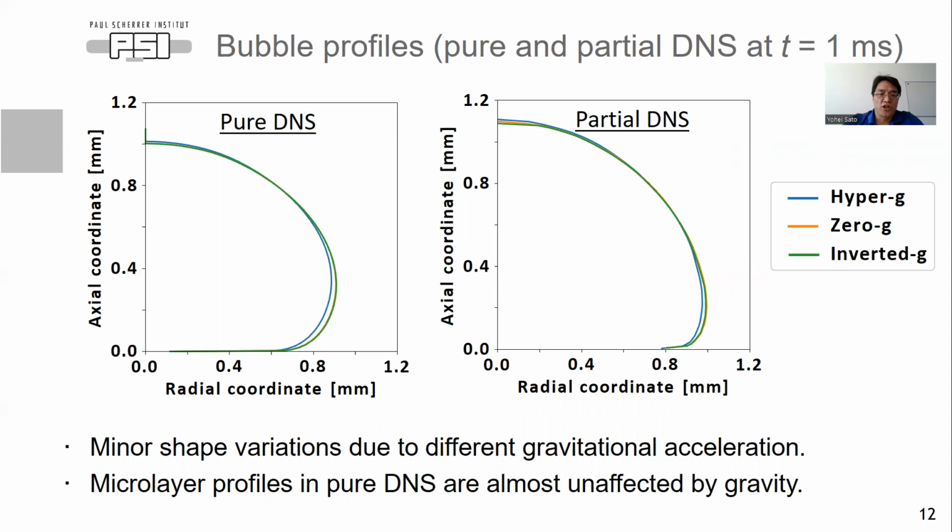So as you can see here, these three lines don't differ so much. That means the bubble shape is not affected by the gravitational force, at least at 1 millisecond, in both pure and partial DNS. And in the result of pure DNS, the micro layer profile is almost the same between these three cases with different gravities.